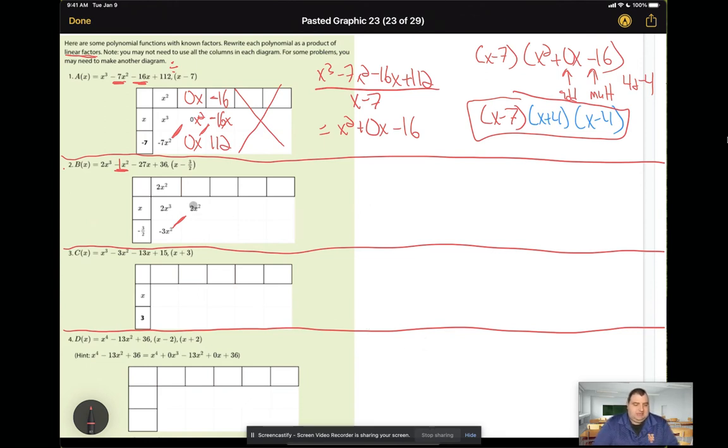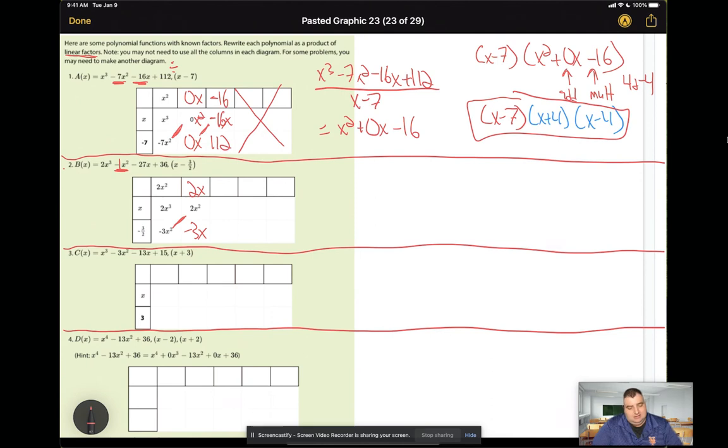So this next column, x times what is 2x squared? And that's going to be 2x, right? X times 2x is 2x squared, all right? Negative 3 halves times 2x is going to be a negative 3x.